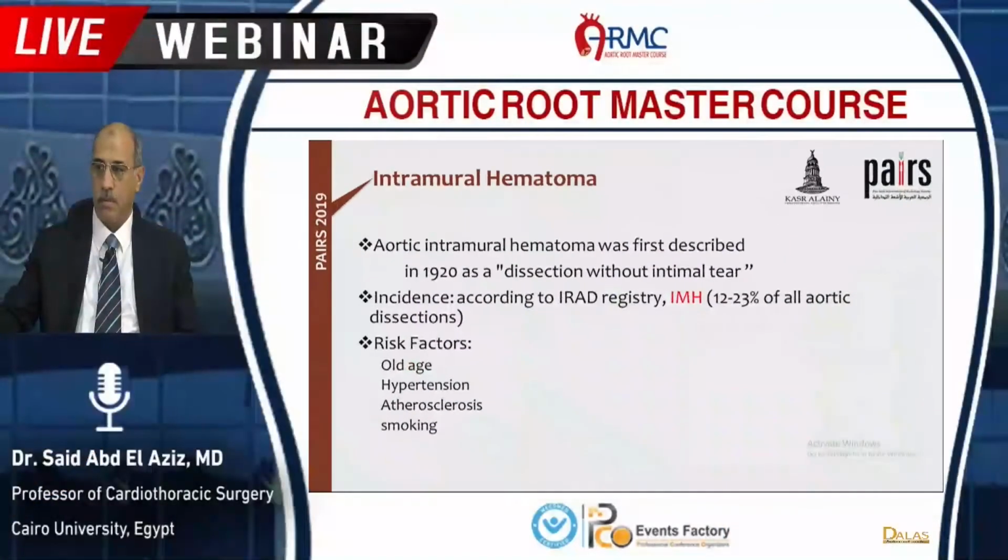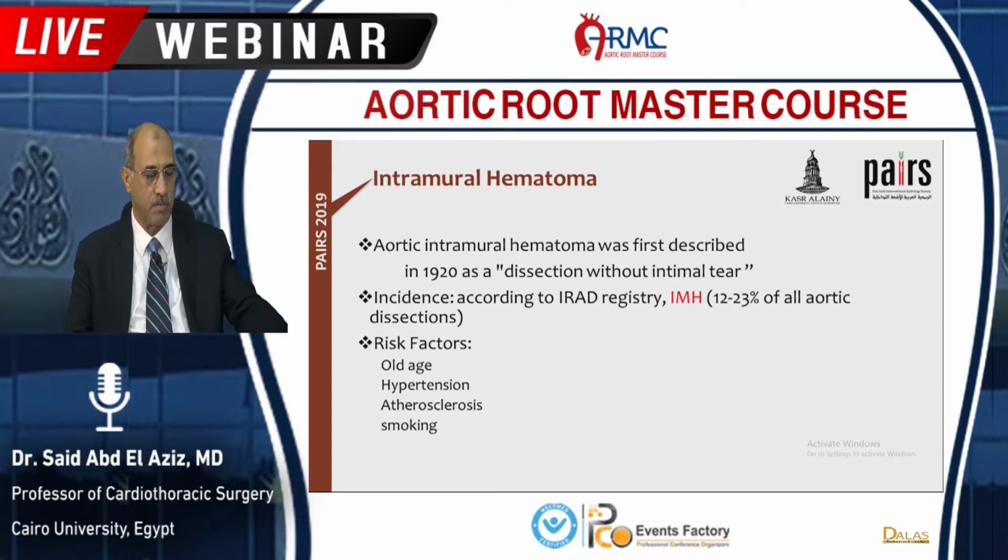We all know that the aortic intramural hematoma was first described in 1920 as a dissection without intimal tear. The incidence, according to the IRAD registry, is about 12 to 23% of all aortic diseases.